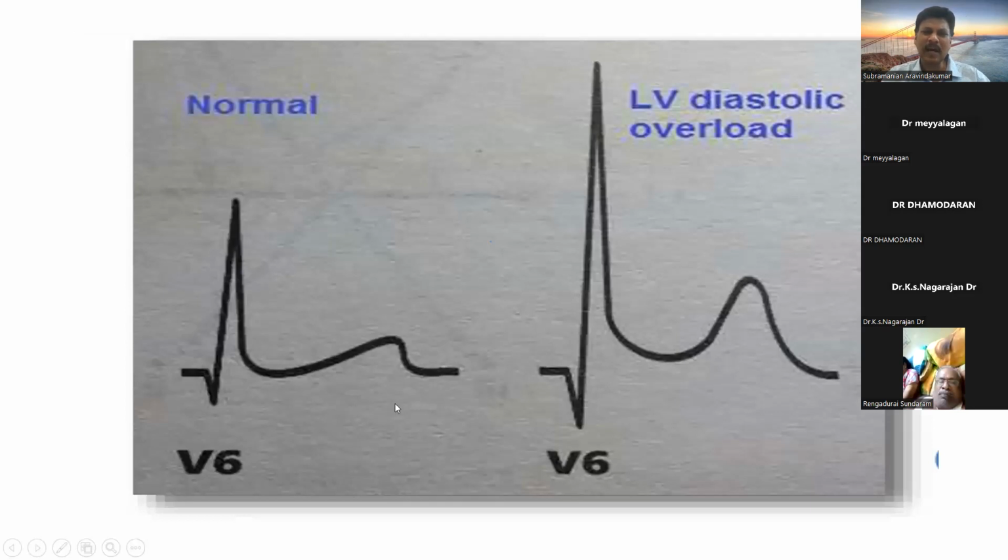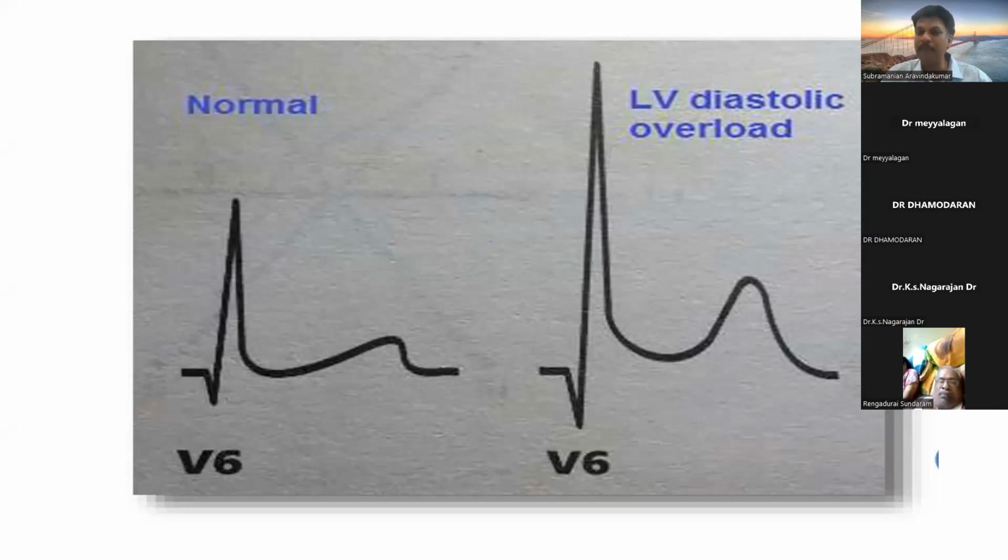So see here the normal and diastolic overload. It is not a common ECG which we find, because diastolic overload is uncommon; severe AR is not isolated. Most of the time it is associated with some other abnormality, so we are not seeing it frequently. But this is a normal where the septal Q wave is present. Here the septal Q wave is prominent, but the only difference is the width of the Q wave is not more than 1 millimeter.